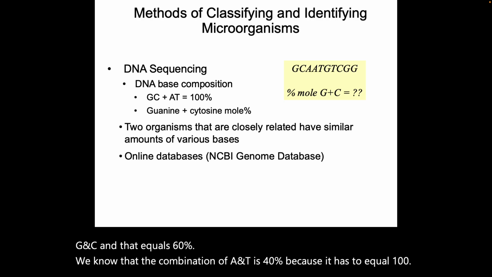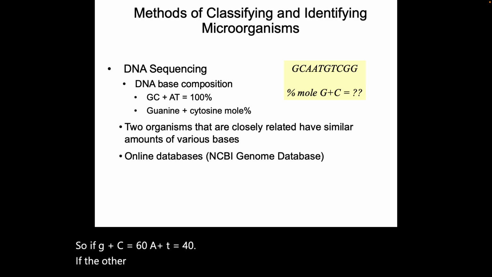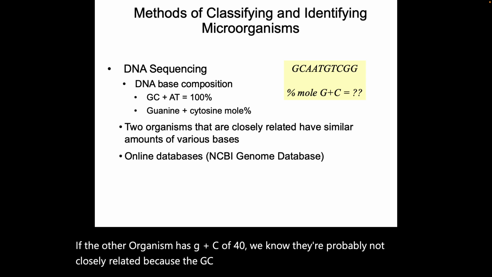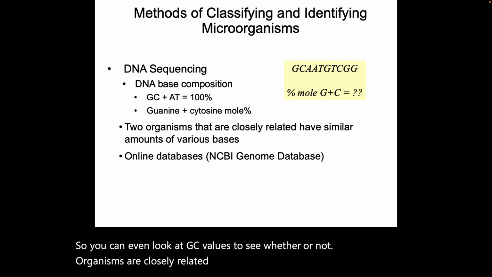So if G plus C equals 60, A plus T equals 40. If the other organism has G plus C of 40, we know they're probably not closely related because the GC values are very different. So you can even look at GC values to see whether or not organisms are closely related. If it's 59 in one cell and 60 in the other, maybe they're really close.